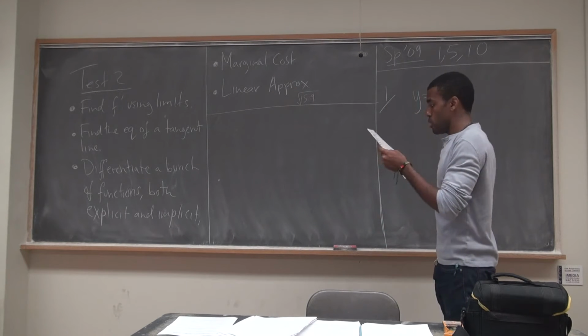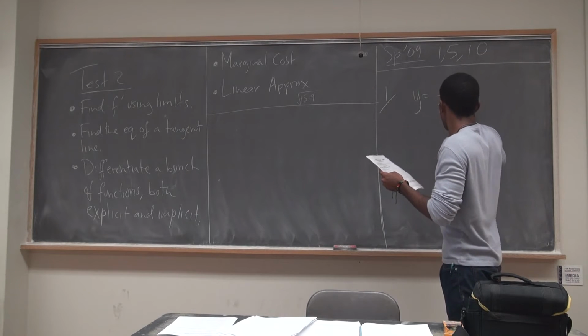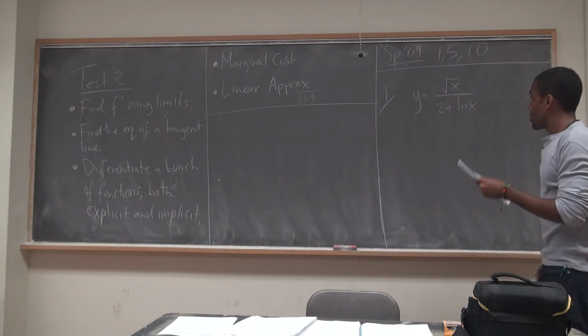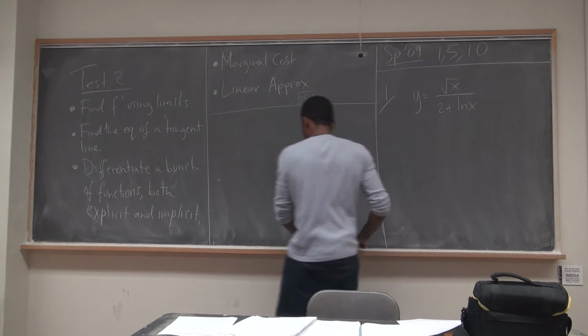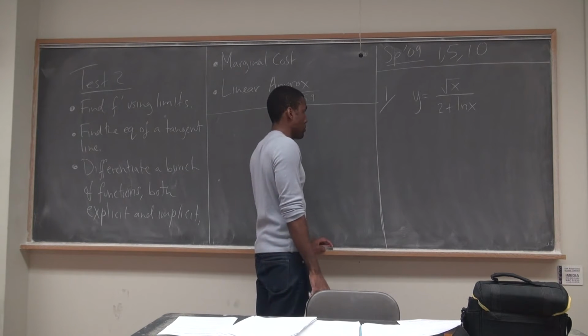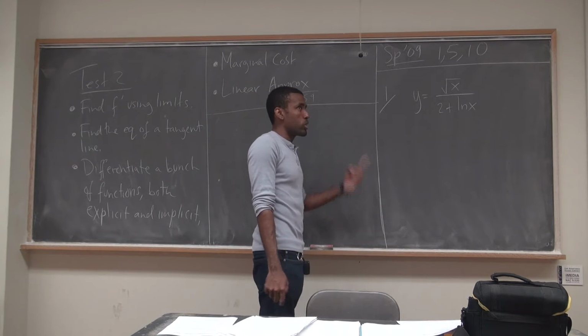Y is equal to... okay. You see that? What do you do? Panic? No. What's the first thing you think here? Quotient rule, right? The first thing you always think when you see something is, what rule should I be using?